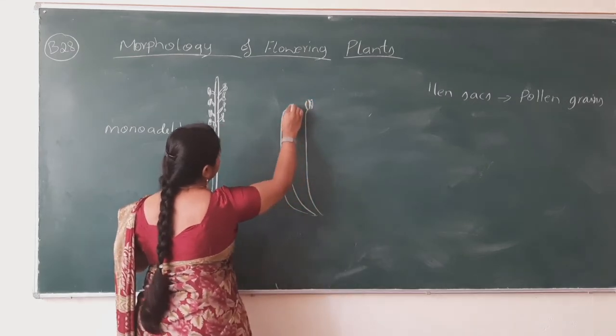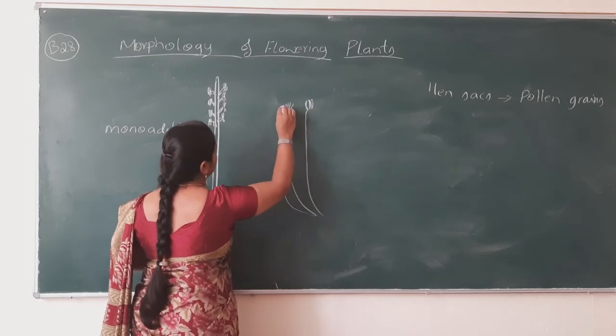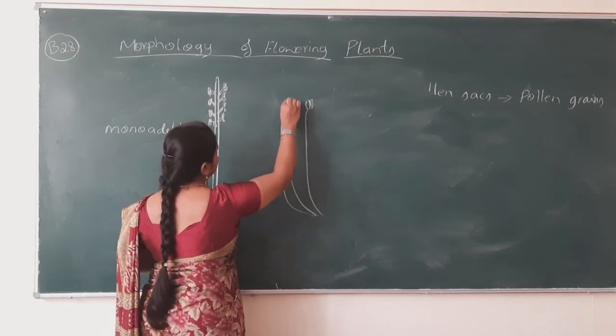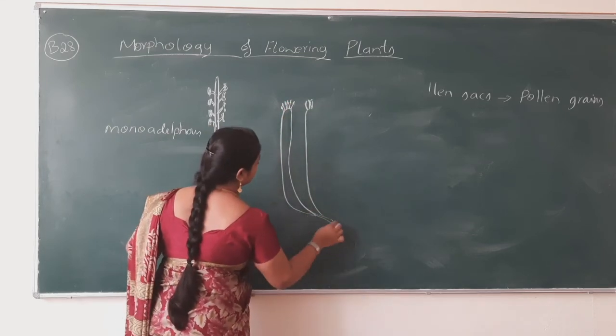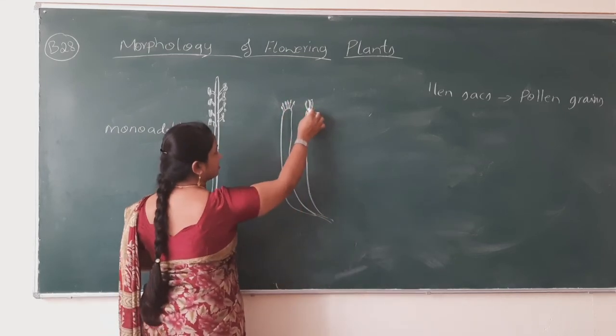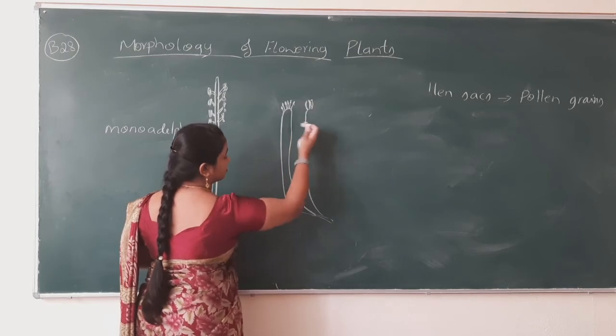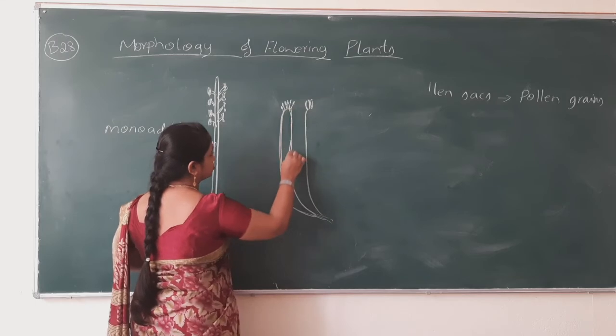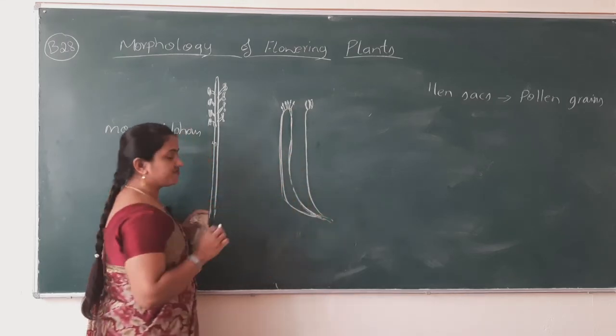If the stamens will look like this, arranged in two bundles, so this is one stamen, one will be free, and all other stamens attached to only one filament.